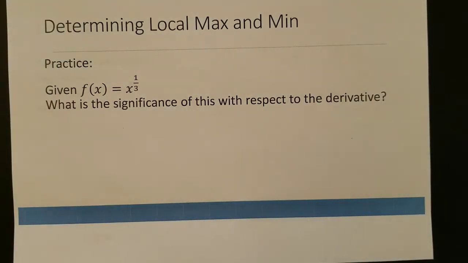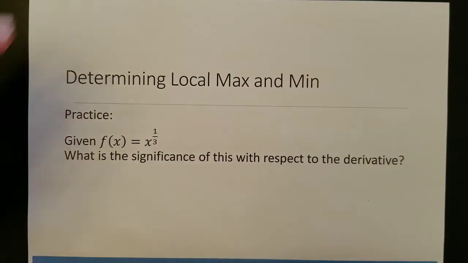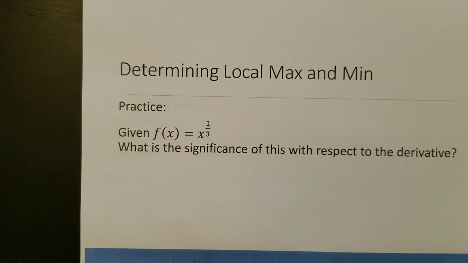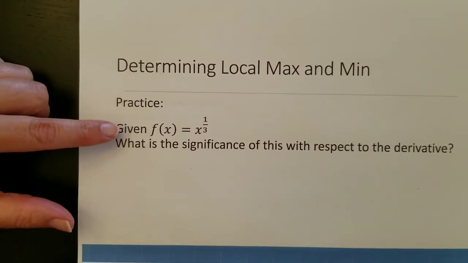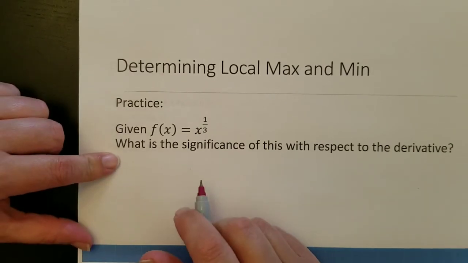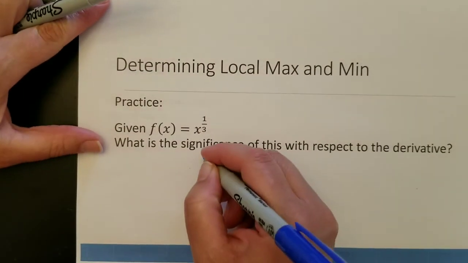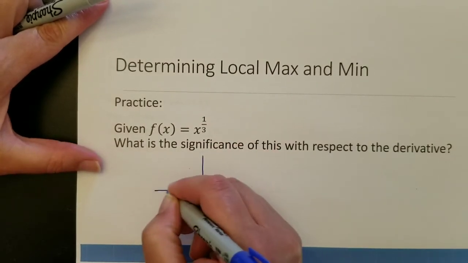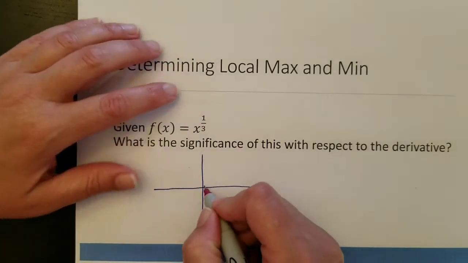So all local max and mins are critical numbers, but not all critical numbers are local max and mins. So here, what's the significance with respect to the derivative? The derivative does not exist at this point. There is an actual value of the function at that point.